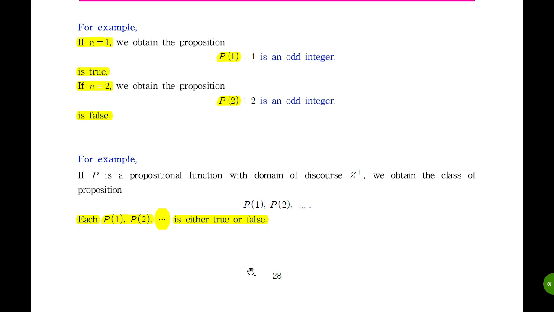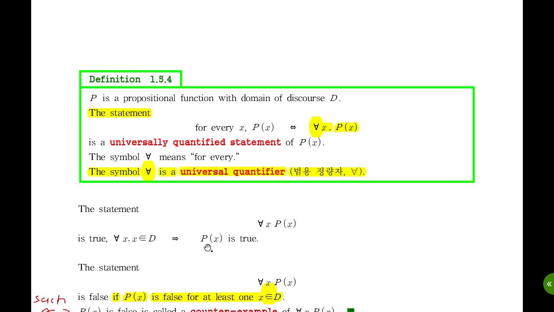Now, with the domain of discourse, we have many statements. We call it a propositional function with the domain of discourse. Each value of n should give either true or false. So it's a kind of generalization of propositions.